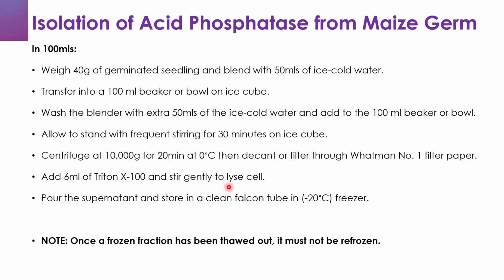After the cell is lysed, we pour the supernatant, which contains our acid phosphatase, into a clean vacuum tube and store in a -20 degrees freezer. What we also have to note is that once a frozen fraction of the stored enzyme has been thawed out, it must not be refrozen.